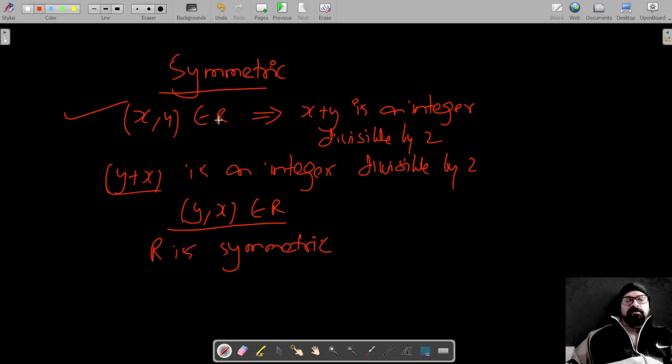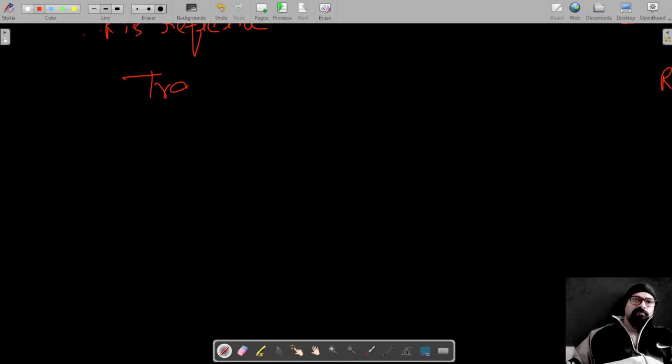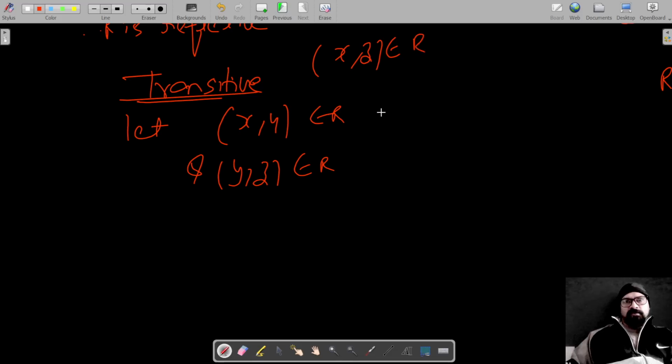Let's check whether it's transitive or not. For transitive, let's say we have (x, y) belongs to R and (y, z) belongs to R. If we are able to prove that (x, z) belongs to R, then it's transitive.